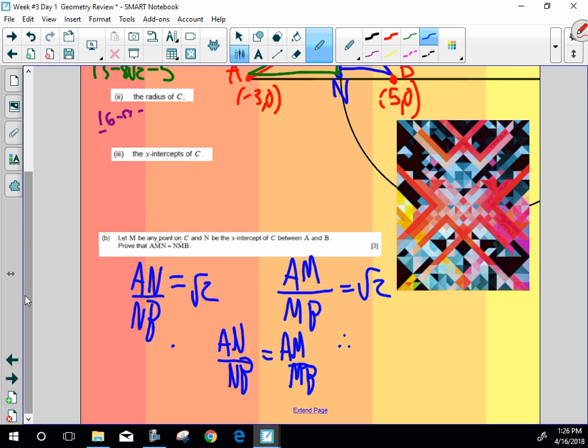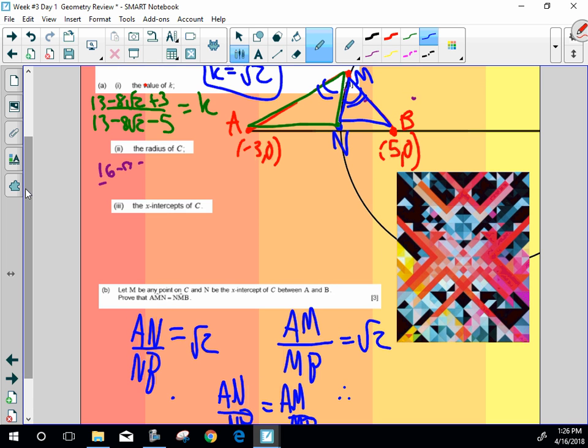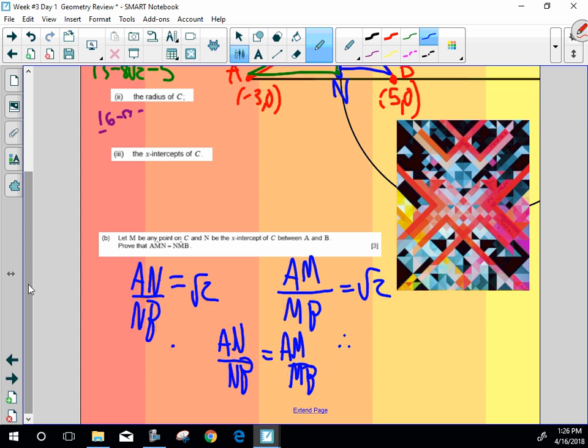Therefore, what can you say about AN/NB and AM/MB? Since the sides are proportional, the triangles are similar. What is this showing? The sides are what to each other?